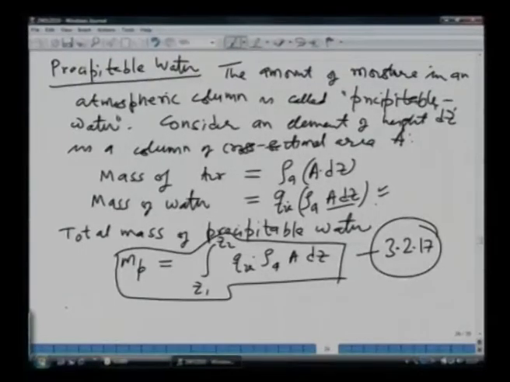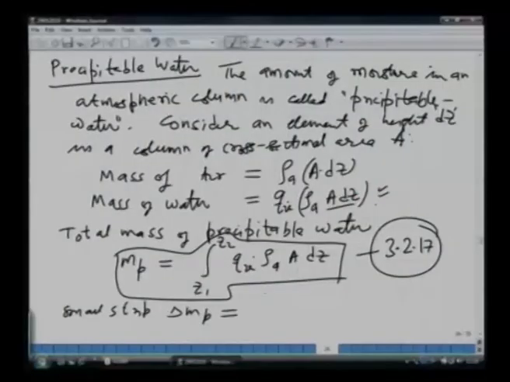So, if you take a small strip dz, we had seen earlier, or delta z for that matter, because we are working with discrete quantities now. Let me write this as delta MP in a small strip dz will be equal to what? It has a certain height, let us say small z1, small z2.